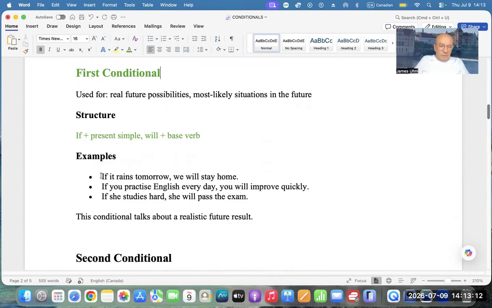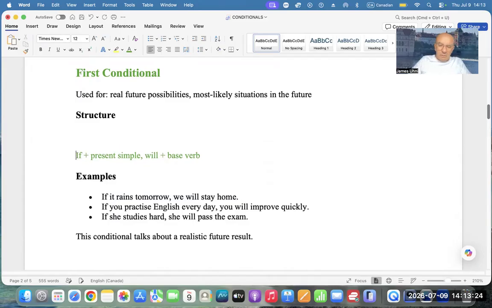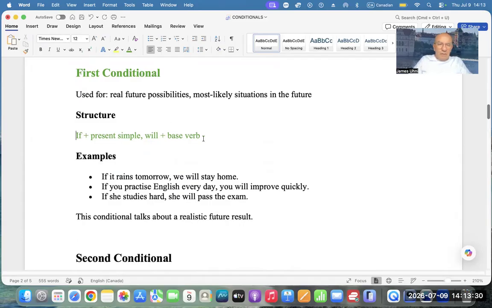I will use the first sentence as an example, and I will type it, or let's say this way. Oops, I don't like it. Okay.